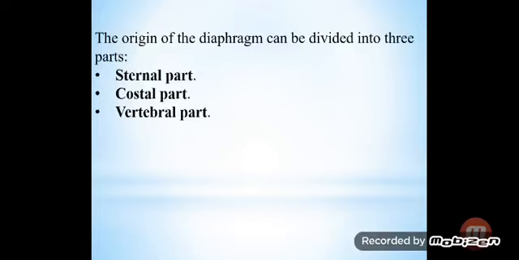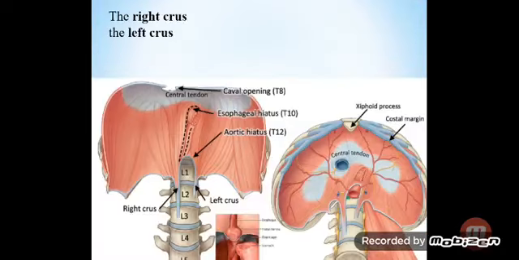So how is that? In this slide, the diaphragm has a right crus and a left crus. The right crus arises from the sides of the bodies of the upper 3 lumbar vertebrae, of course with their intervertebral discs.